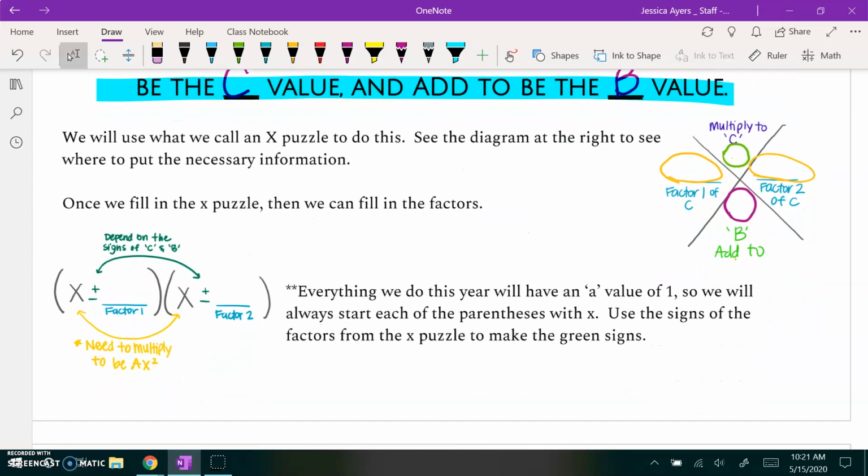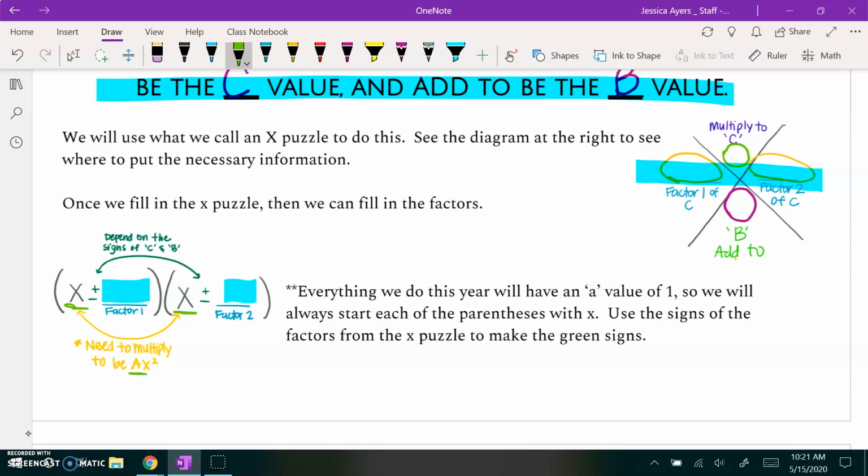Once we have that, these two things will go into our parentheses. Remember that we need to multiply this x times x. This piece has to equal our ax squared.